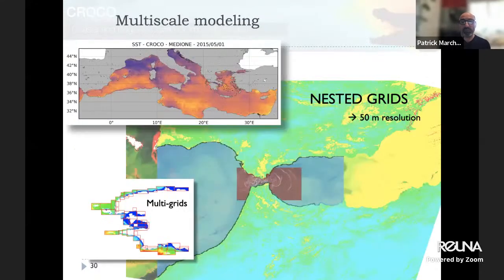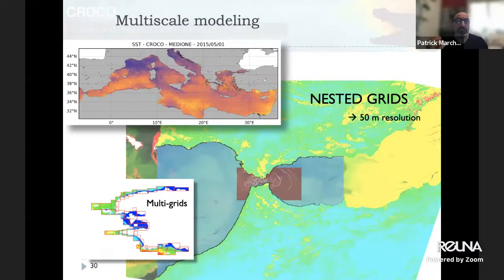Okay, but Laurent will talk more about this, and he will talk also about the nesting approach that we can use for realistic applications. I wanted to mention this because nesting is the way that we can bridge scales, because we are talking about very small scales, very fine processes, but we want to do that also connected with the large scales.